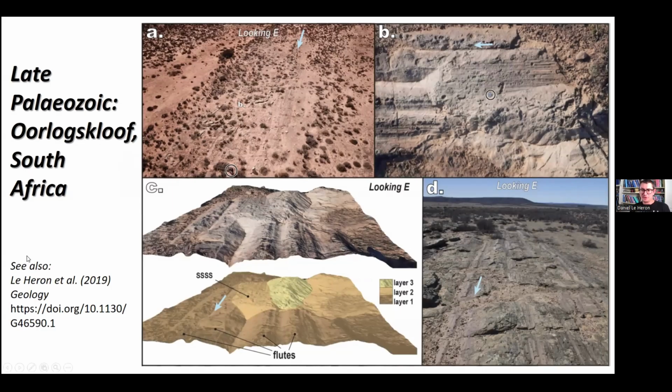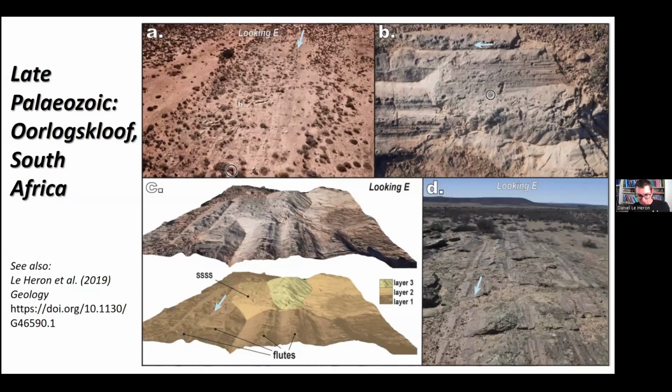We published on this in 2019, did a bit more work on it. I just wanted to bring it back because it's an exciting outcrop and it emphasizes the point that these features are superimposed, stacked one on top of the other with repeated patterns at different scales.